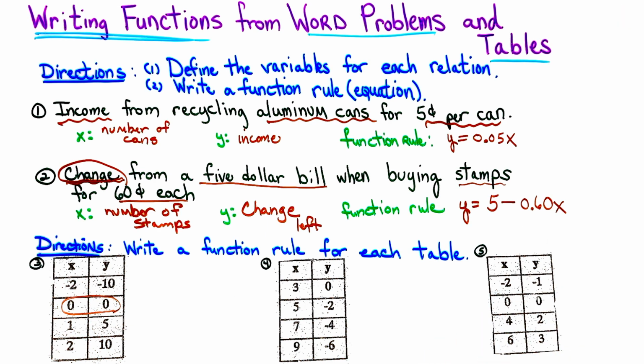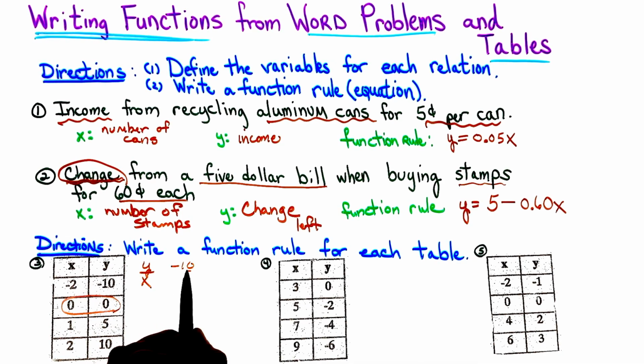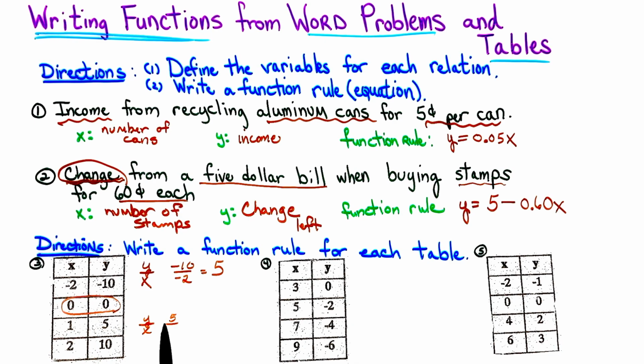So let's see what we have. So we have a -2, a 0, a 1, and a 2. Well, remember, if I put Y over X for the first one, a -10 over a -2, that simplifies to a 5. If I go down here and I put again, Y over X, the 5 over 1, notice I get a 5.